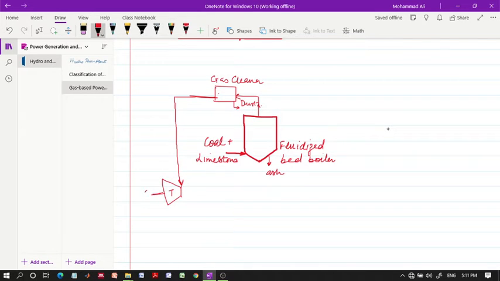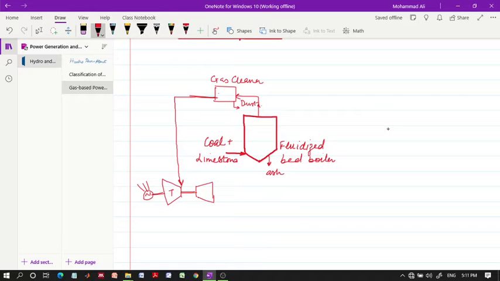It will drive our generator. This turbine will be connected to the compressor.